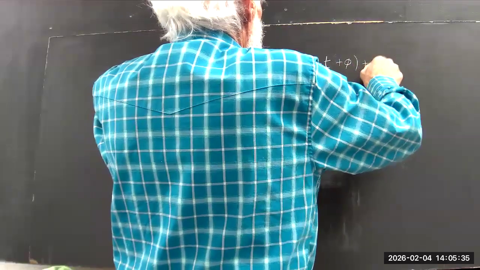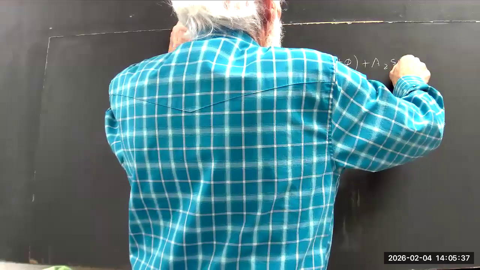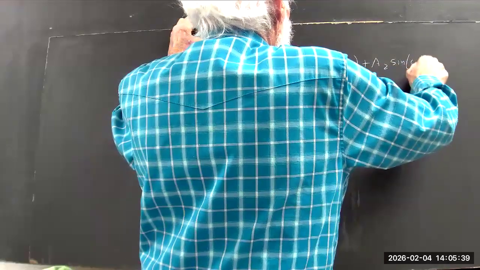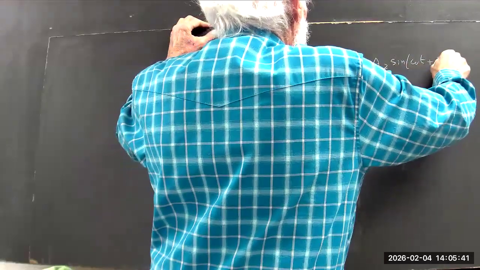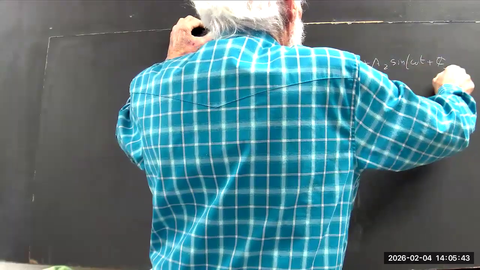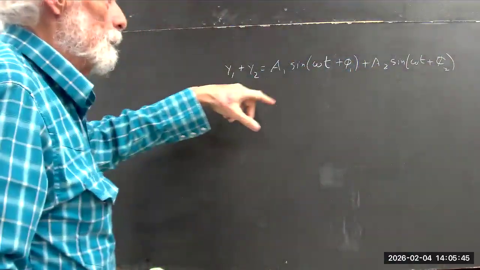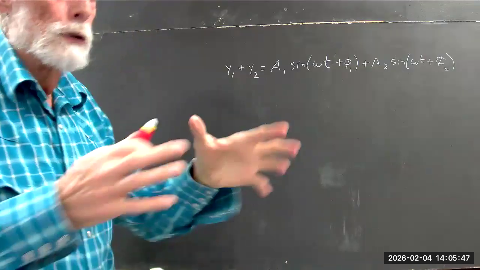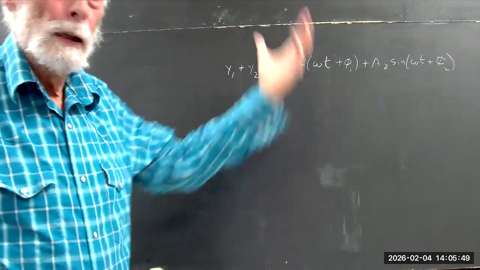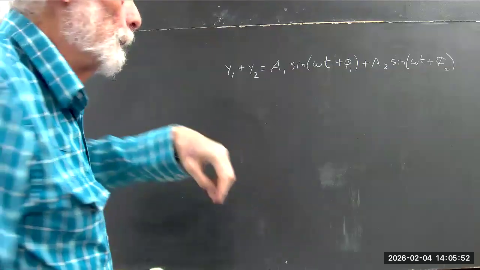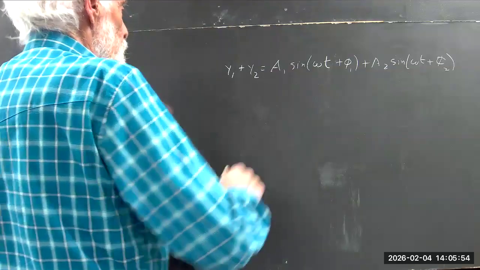Now, in general, if you have two waves that join up, they just add up. The Y values add up. Okay?